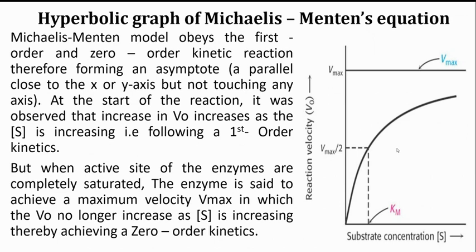But when the active site is completely saturated, the enzyme is said to achieve a maximum velocity in which VO is no longer increasing as S is increasing, thereby achieving zero order kinetics.